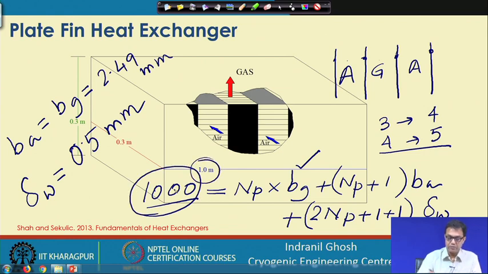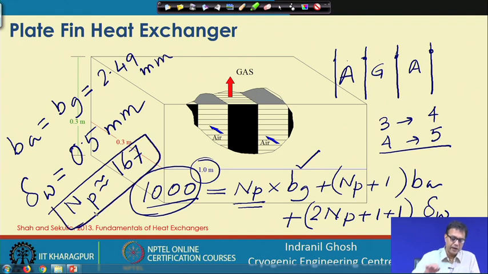This 1 meter has been converted into millimeter, and now we can estimate the number of layers from this, and the nearest whole number is 167. So, we have N p, this many layers of the gas passages, and we have 168 air passages in that case.